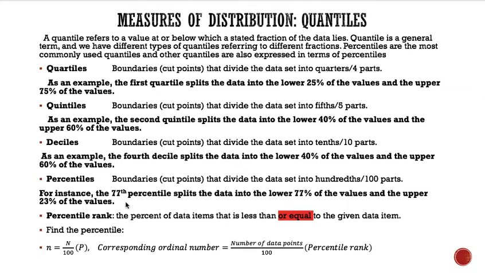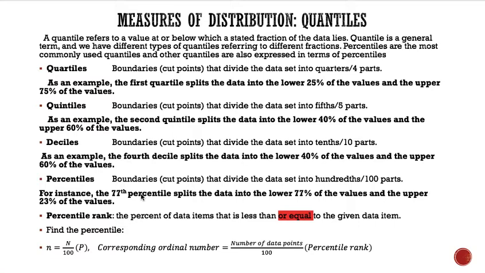That means for this boundary, the 77th percentile, 77% of the data fall below this boundary, and 23% of the data fall above this boundary.